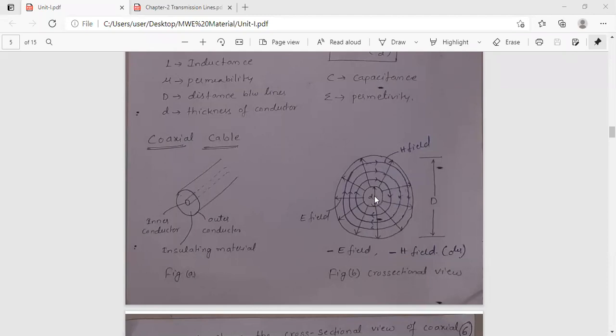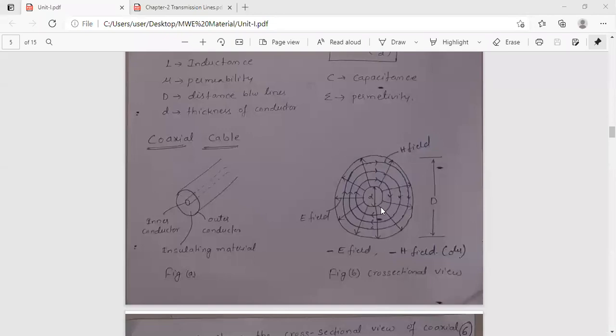And you can observe that at each and every point, the electric field and magnetic field are perpendicular to each other. That shows that both electric field and magnetic field are produced in coaxial cable. It means a transverse electric and magnetic wave can be propagated in coaxial cable.